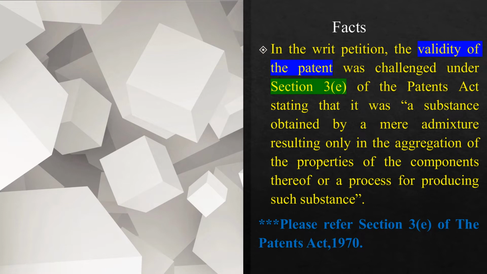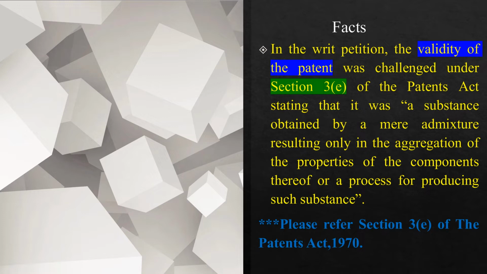In the writ petition, the validity of the patent was challenged under Section 3, Clause E of the Patents Act, stating that it was a substance obtained by a mere admixture resulting only in the aggregation of the properties of the components thereof or a process for producing such substance.